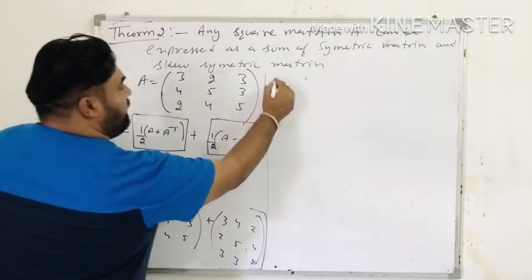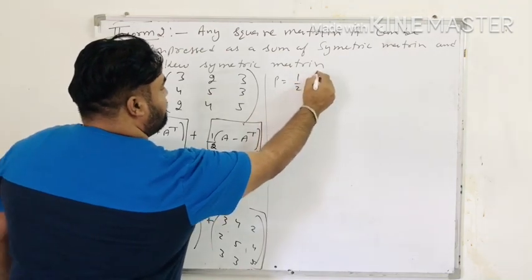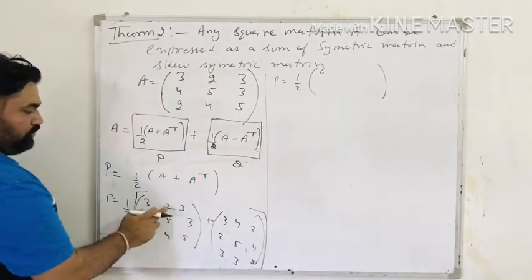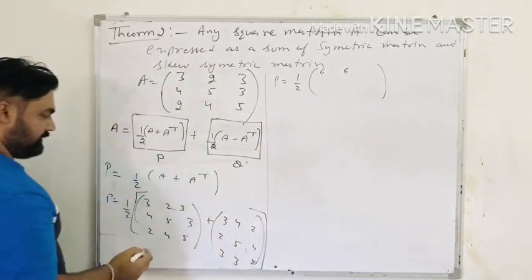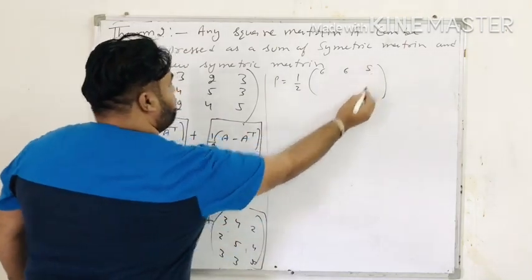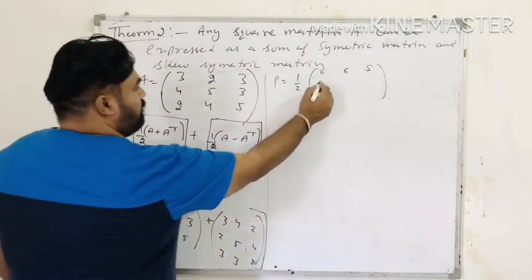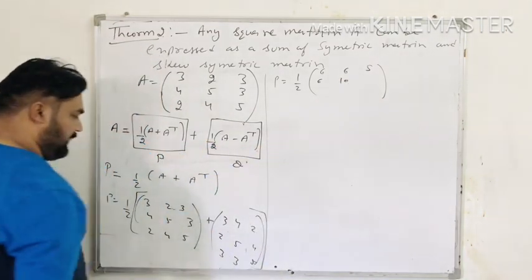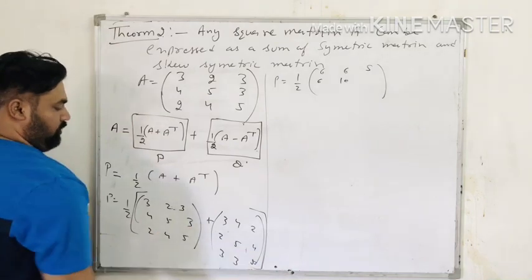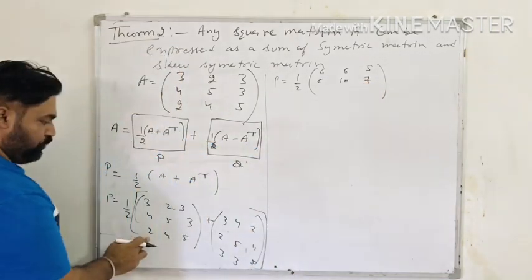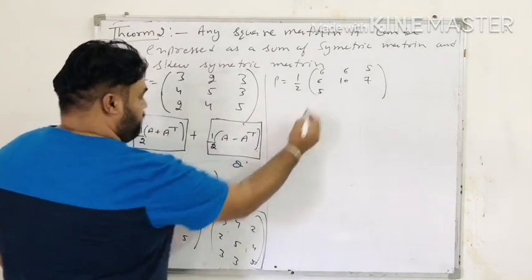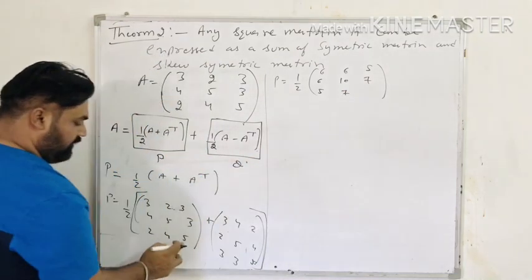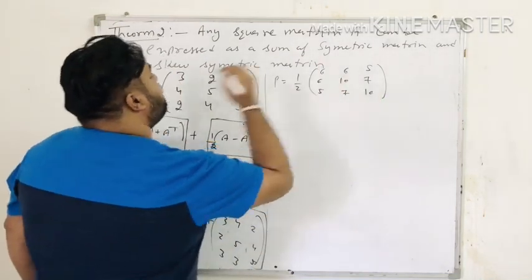Now P equals half. Now 3 plus 3, 6; 2 plus 4, 6; 3 plus 2, 5; 4 plus 2, 6; 4 plus 5, plus 5, 10; 3 plus 4, 7; 2 plus 3, 5; and 4 plus 3, 7; 5 plus 5, 10.